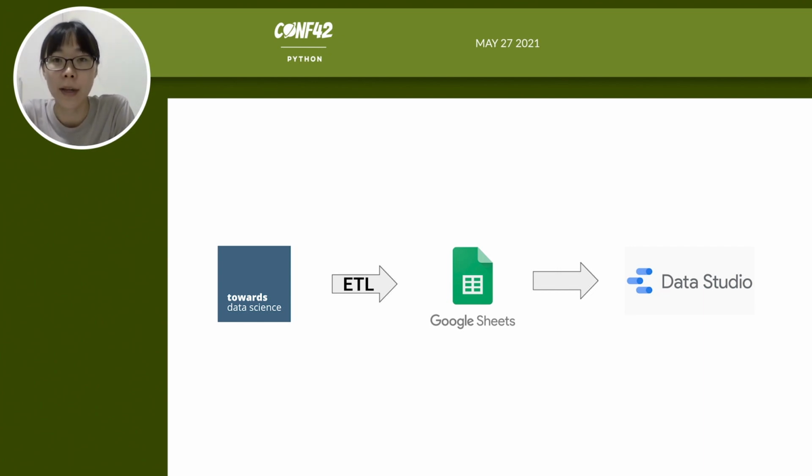The Google Sheets API is free, and Google Data Studio is also free. If you are considering starting your own data engineering projects, this can be something you can consider. What I do over here is the ETL process from the Towards Data Science website, the Medium publication.